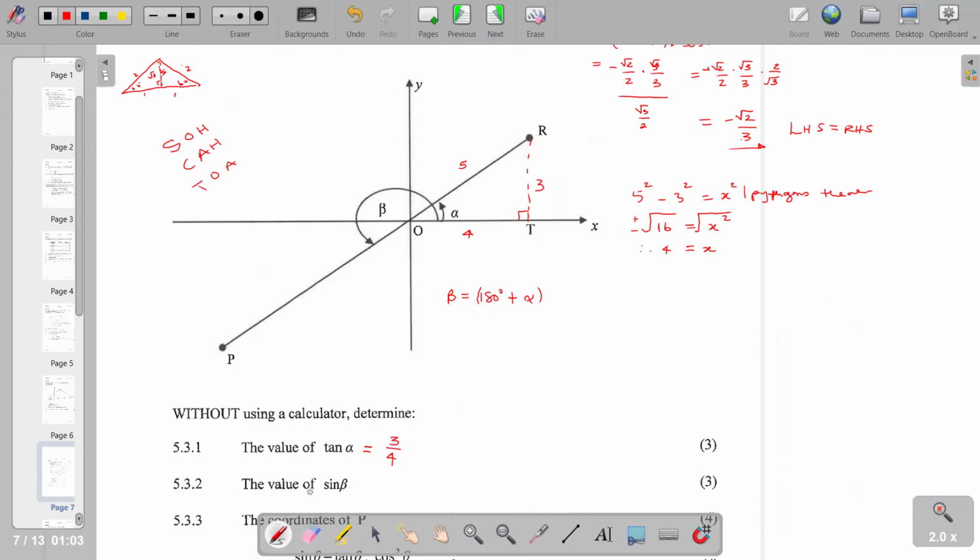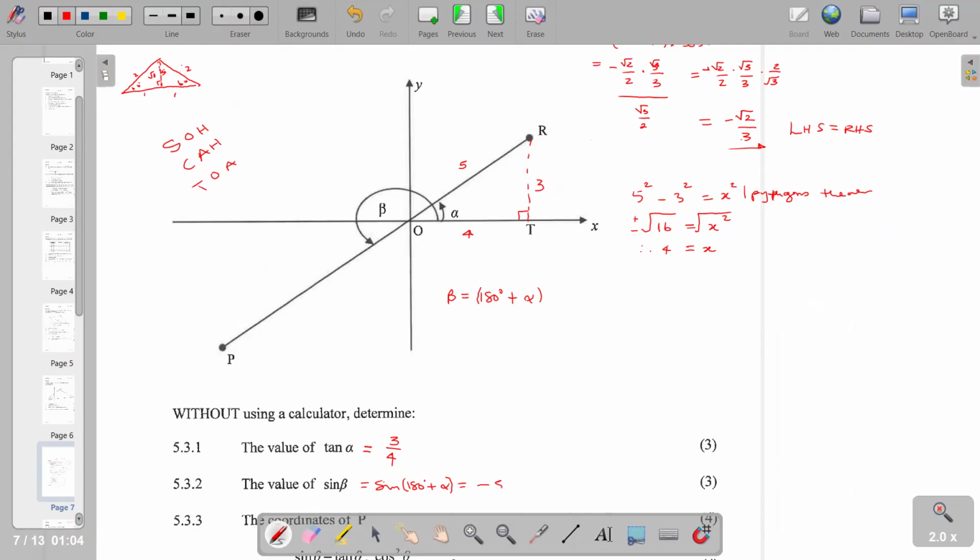Therefore, sine beta will be equal to sine of 180 degrees plus alpha. Then 180 plus alpha is in which quadrant? It's in the third quadrant. What is the sign of sine in the third quadrant? It's negative.